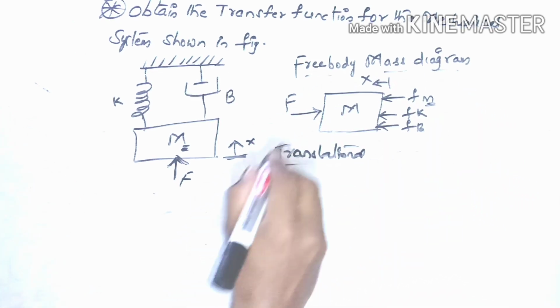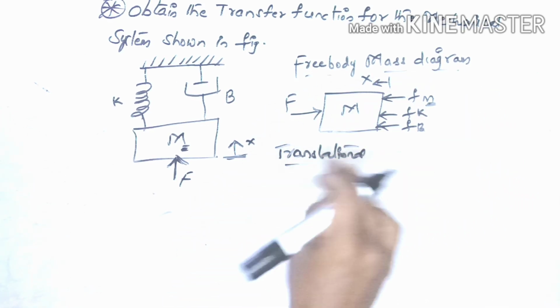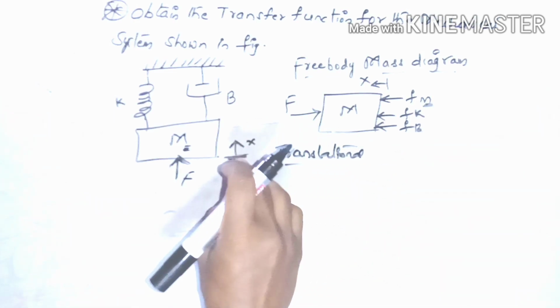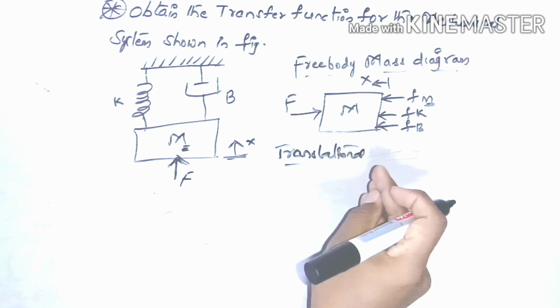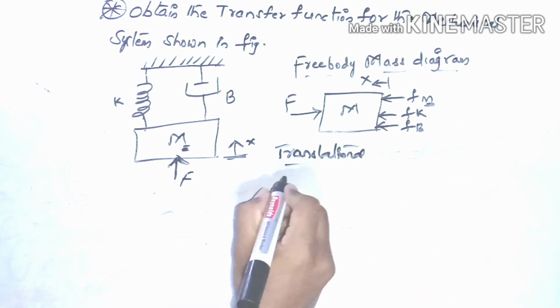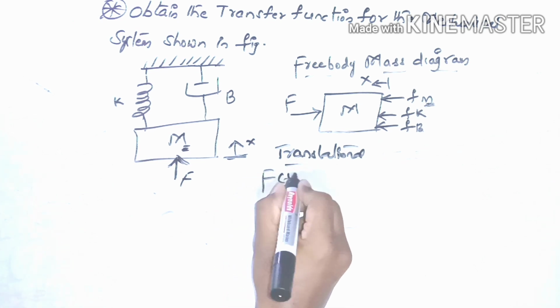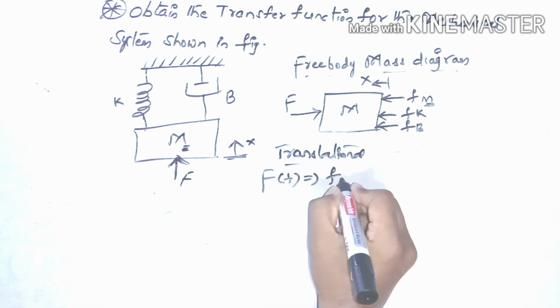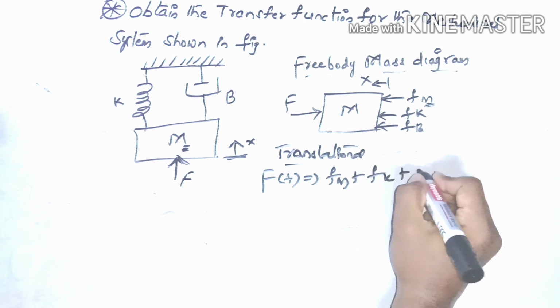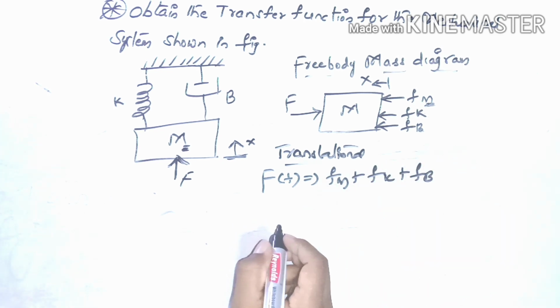Next, write the sum of all the forces equal to 0 according to Newton's laws of motion, that is, the algebraic sum of the forces acting on the body or the system equals 0. So the applied force F of t equals the force due to mass plus the force due to the spring constant element plus the force due to viscous friction.